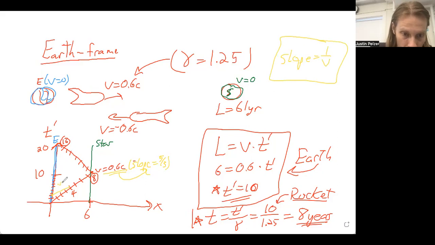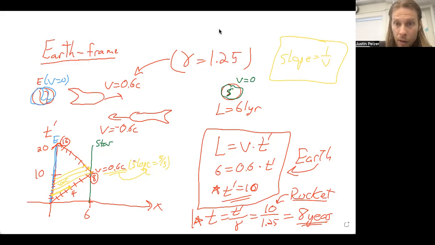And so the velocity at the speed of light is a slope of 1, and you just do a system of equations to figure out where it hits the rocket. Where do each of these hit the rocket? And you're going to get a very interesting result, especially coming back.